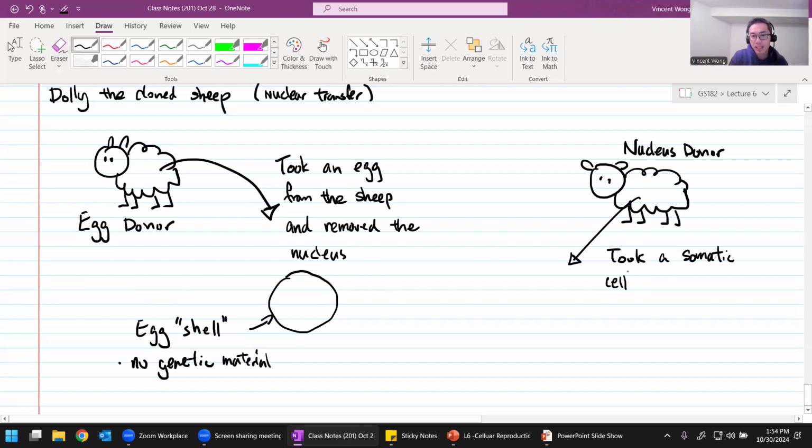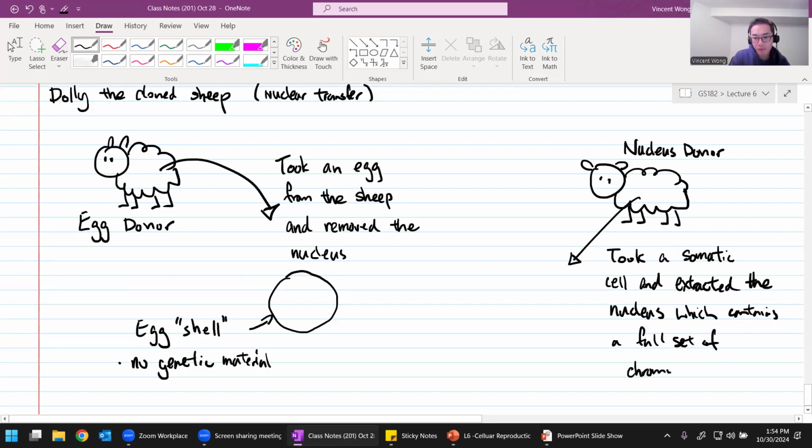So they took the somatic cell and extracted the nucleus, which contains a full set of chromosomes. Obviously, a sheep has a different number of chromosomes than us, but nevertheless, it has a full set.